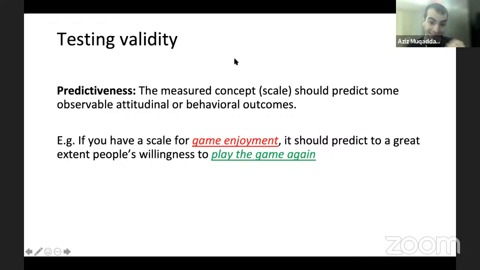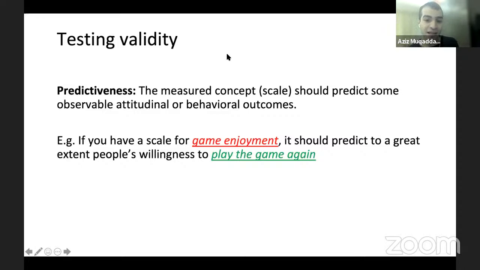If you didn't find a correlation between enjoyment in your scale and willingness to play, that means your scale is basically bonkers. It's not useful. There's something wrong with it. You didn't really measure game enjoyment. You probably measured something else.